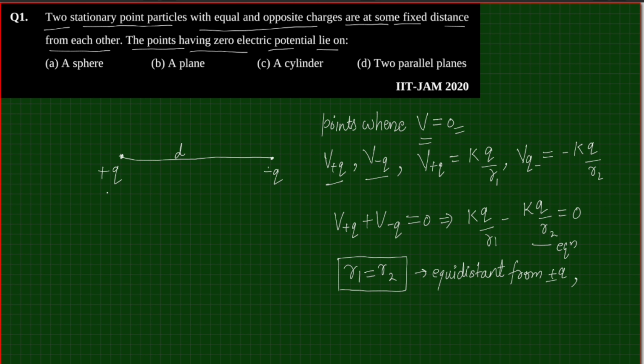Only one case is possible. Sphere is not possible. Cylinder is not possible. Only a plane is possible. How is it possible?